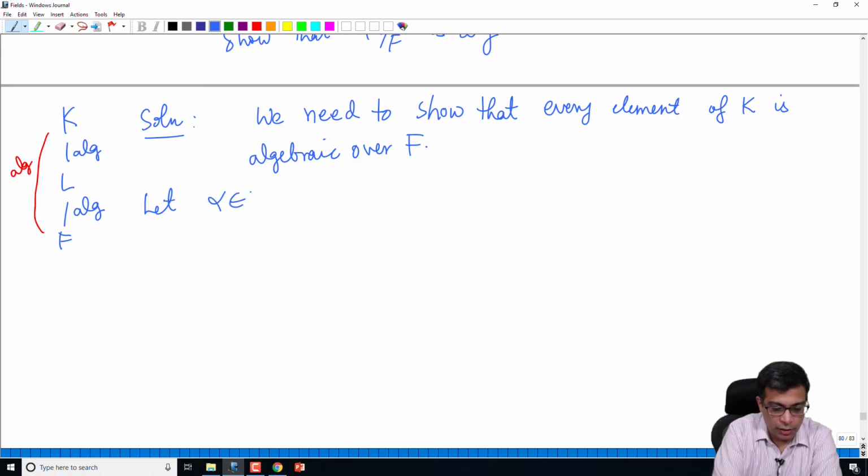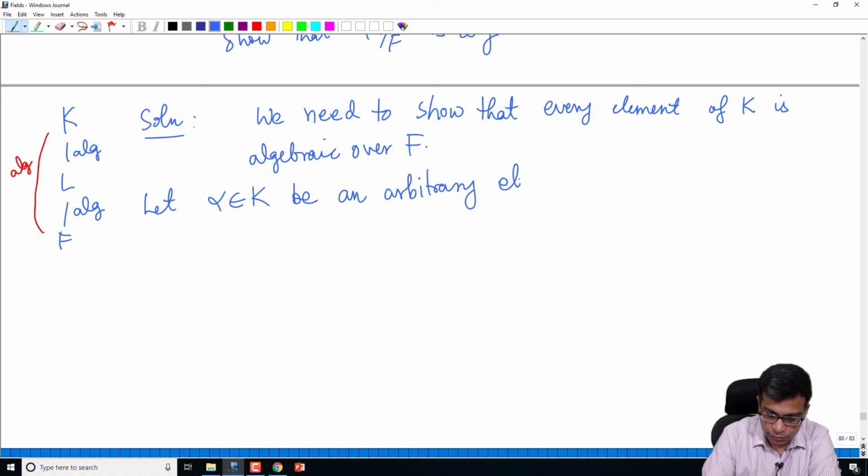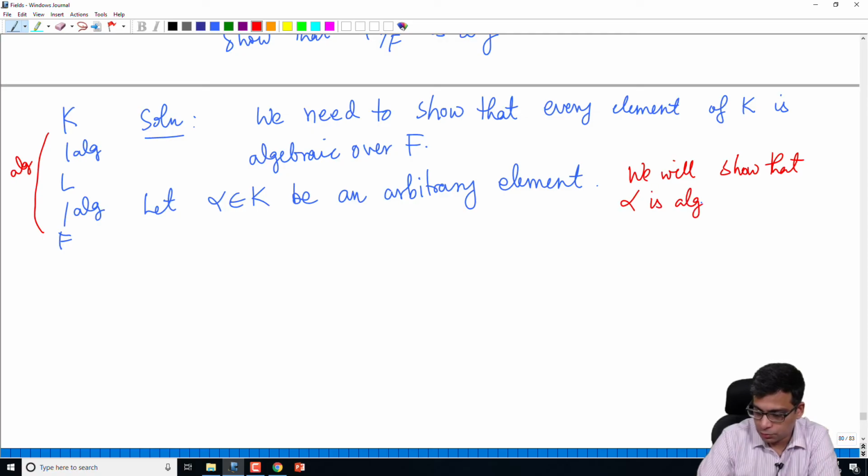So let alpha in K be an arbitrary element. We are going to show that it is algebraic over F. That's what our goal is.